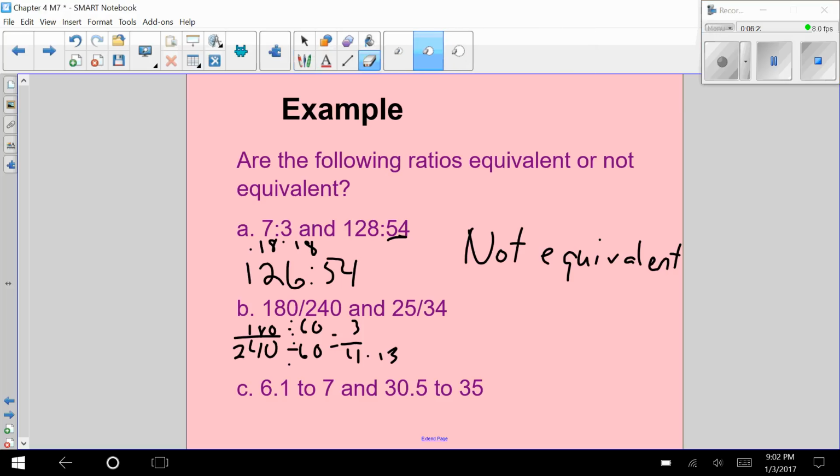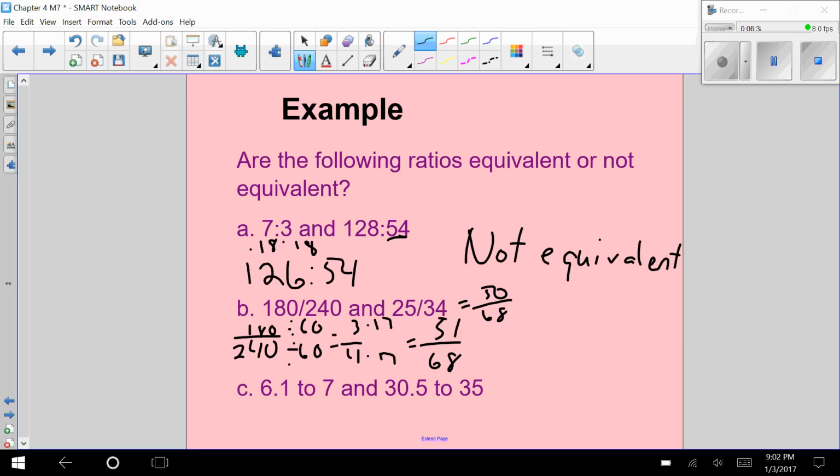Oops, I'm going to multiply by 17 on the top and the bottom. So I end up with 51 over 68. Well, for 25 over 34, I multiply the top and bottom by 2, and I get 50 over 68. Close, but not quite the same, so these are not equivalent.